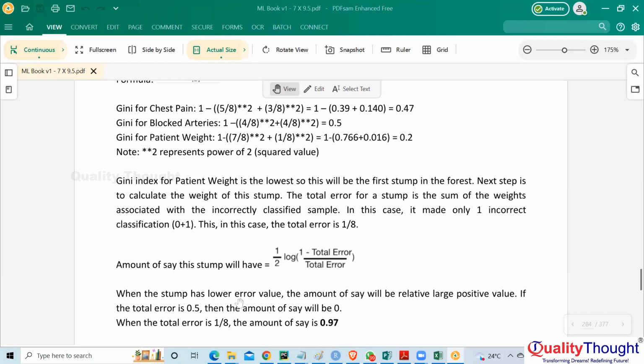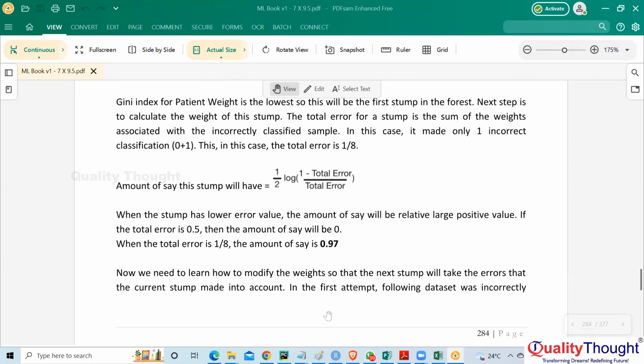When a stump has a lower error value, the amount of say will be a relatively large positive value. The opposite also holds: if the total error is 0.5, then the amount of say will be 0. 0.5 means you got half right, half wrong. When the total error is 1 by 8, the amount of say is 0.97.